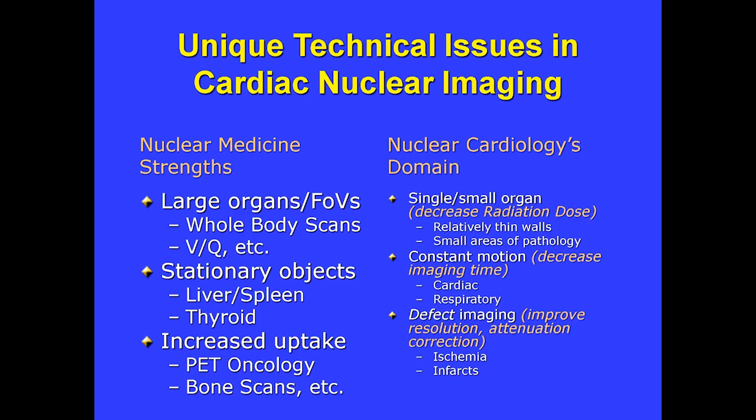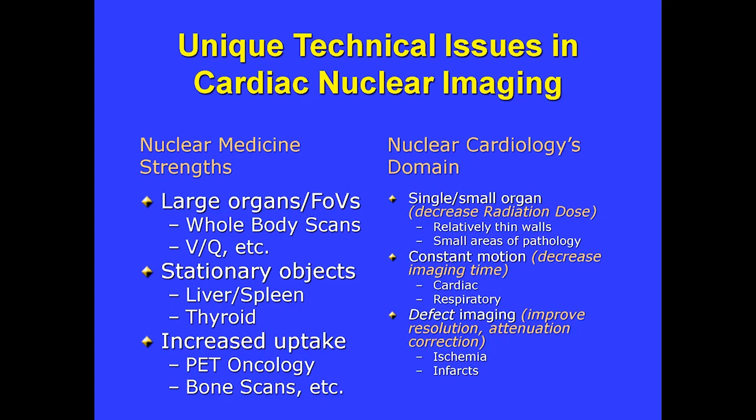This organ is not stationary. It's in constant motion because of cardiac motion inherently, as well as respiratory motion of the chest. And whereas you would ordinarily like to spend more time imaging it, nuclear cardiology is trying to decrease the amount of imaging time. So again, another challenge. This is defect imaging, because ischemia or infarct will appear as defects rather than areas of focally increased uptake.